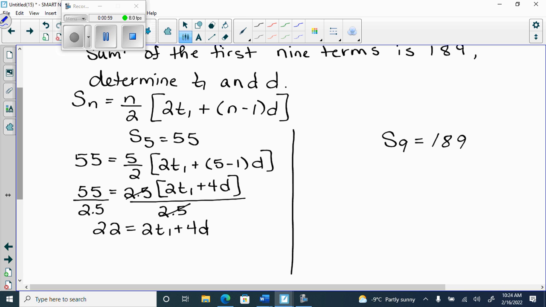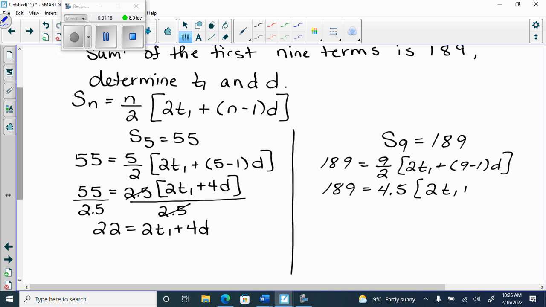Fill into the big formula. So we're going to get 189 equals 9 divided by 2, 2T1 plus 9 minus 1 D. So we get 189 equals 4.5, 2T1 plus 8D.